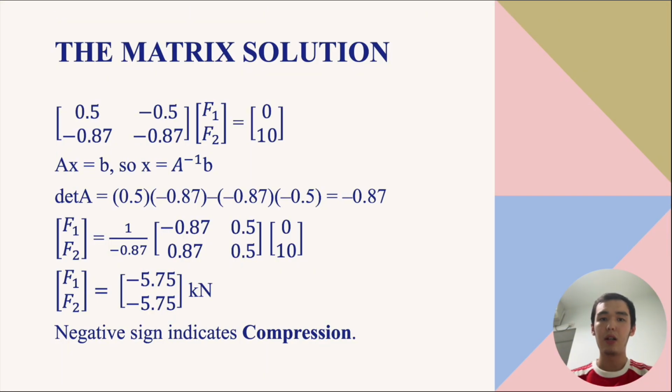Vector b represents the external load, 10 kilonewtons, and vector x contains our unknown forces, AB and AC. By calculating the inverse of matrix A and multiplying it by the load vector, we arrive at our result, minus 5.75 kilonewtons. Please note the negative sign.